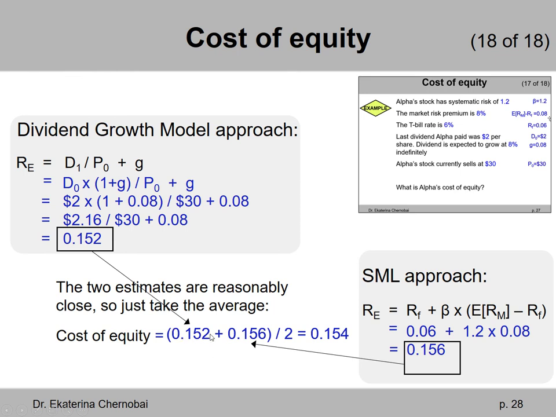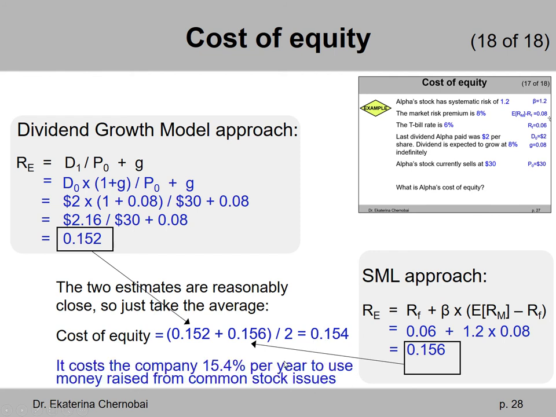So 0.152 plus 0.156, the sum is divided by 2 and gives us 0.154, which we interpret as always the following way. It costs the company 15.4% per year to use the money raised from common stock issues.